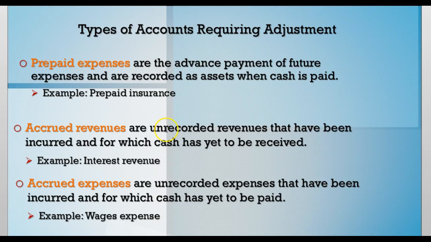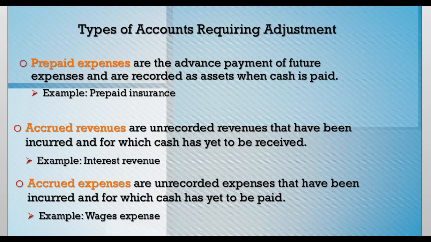Accrued revenues, and again, those are revenues that are unrecorded, or at least they aren't recorded as revenues. A good example of that would be interest revenue. Let's say you have a note receivable out, and somebody's going to pay for that note receivable in 6 months.